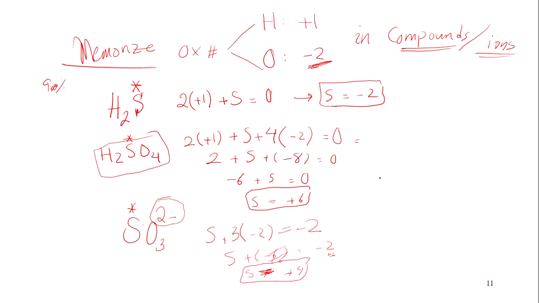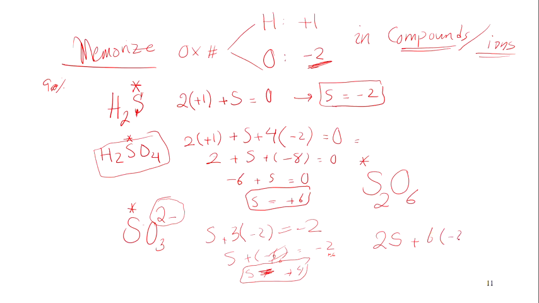So how about this last example here? I want to know the oxidation number of sulfur in this compound. So we should say 2 sulfur plus 6 oxygen.